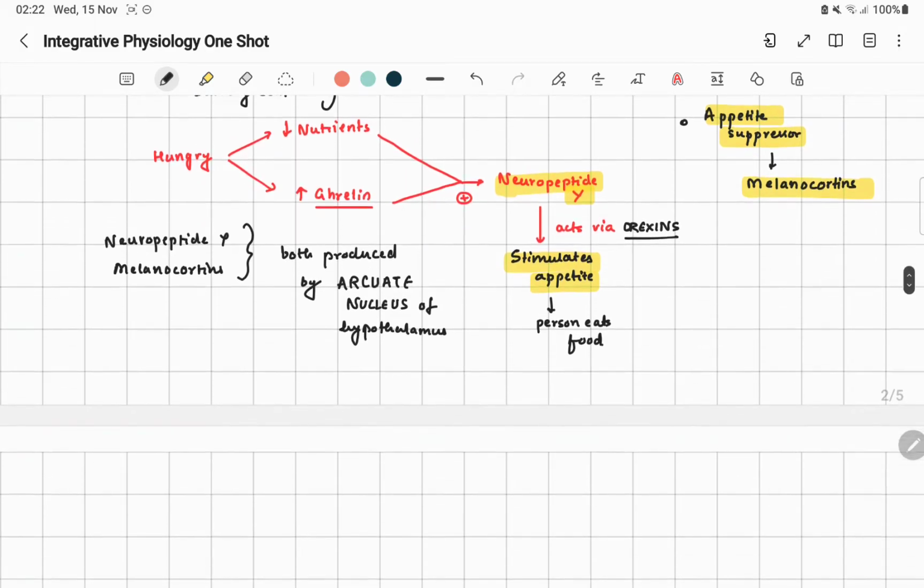Melanocortins, for example alpha MSH, are appetite inhibitors. So this is the fact. Understood?